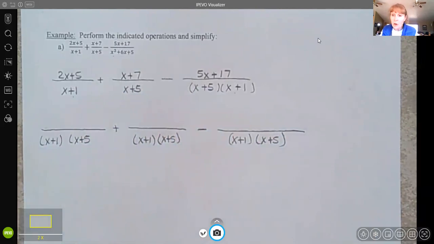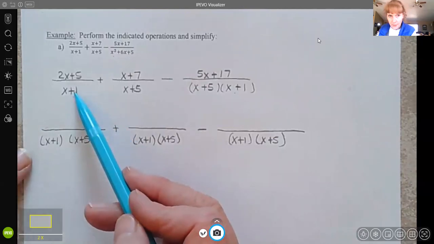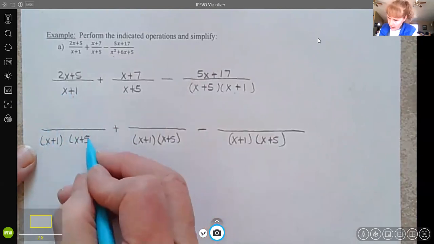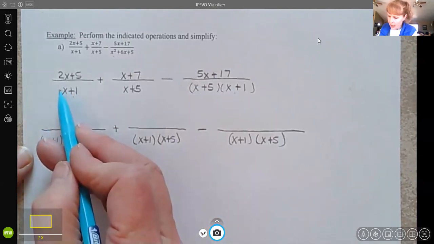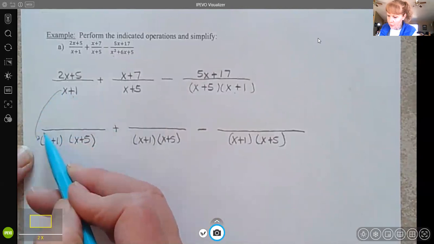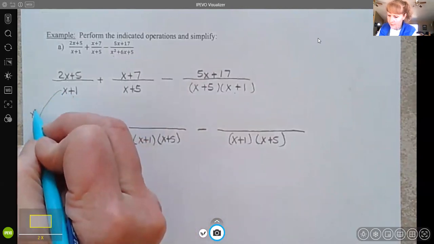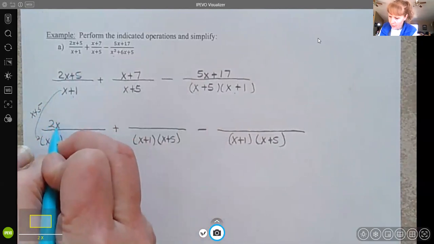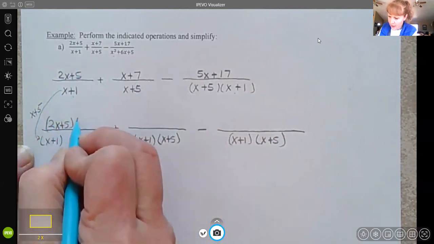Now let's write an equivalent fraction with that denominator. So to do that, you ask yourself, what x plus 1 times what gives you this? To go from here to here, you had to multiply by x plus 5. So that's what I will multiply the numerator by, is x plus 5.